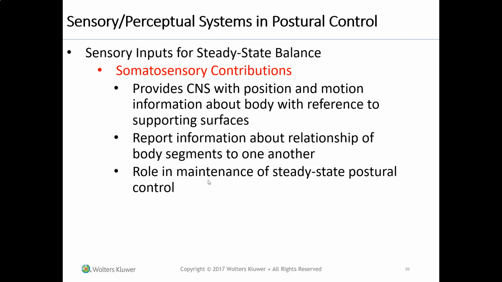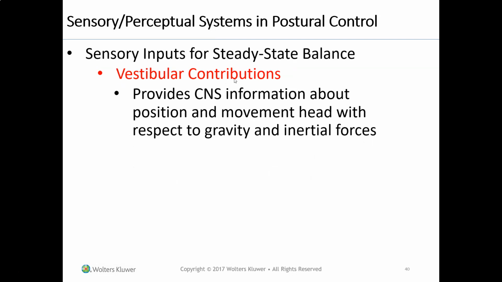So you have vision, you have somatosensory, and then you have vestibular contributions. It provides the central nervous system information about position and movement of the head with respect to gravity and inertial forces. So these three inputs are what we need to test all the time.